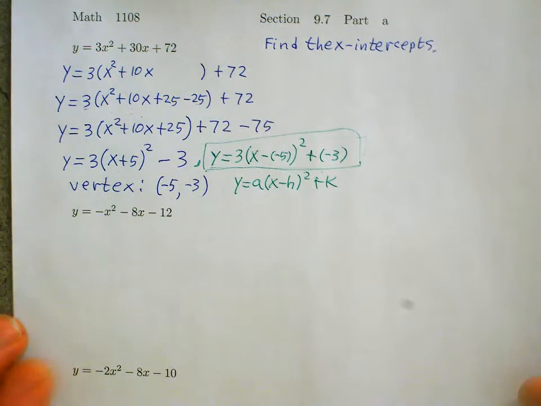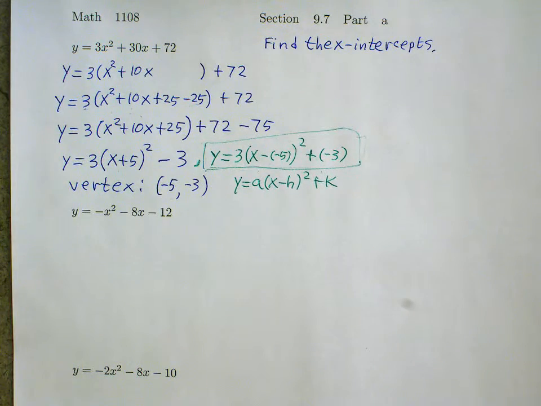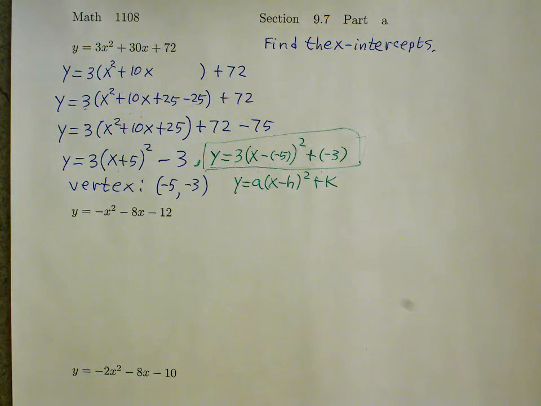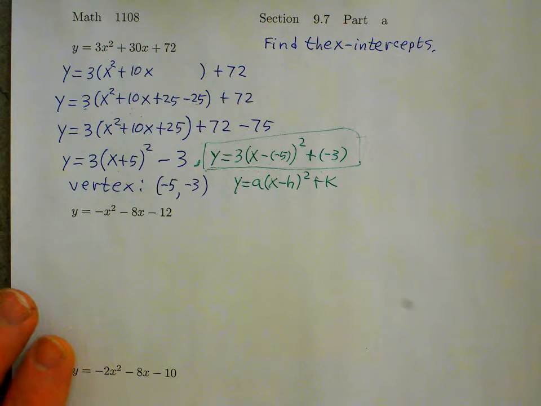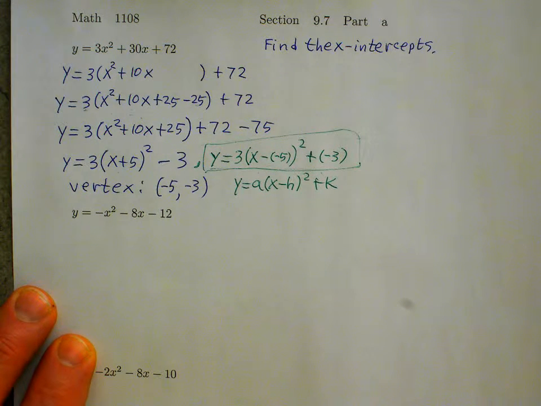So the procedure for finding x-intercepts: we replace y with 0 and then solve for x.